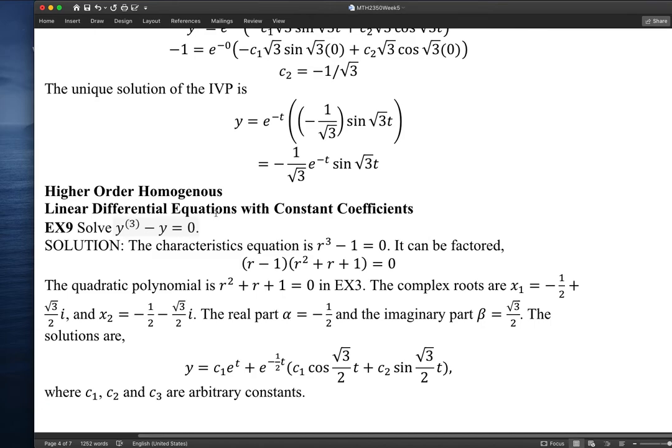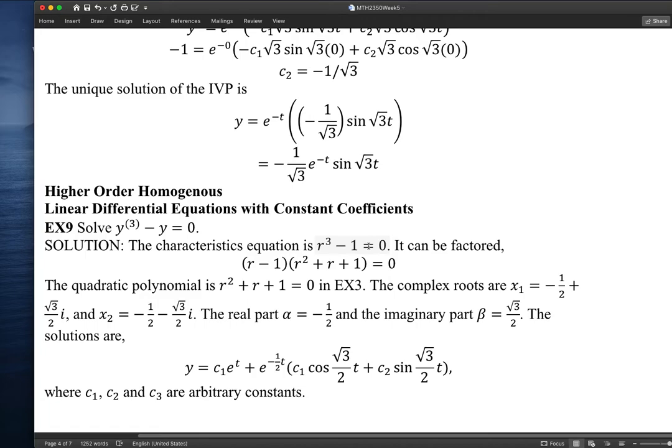So the third order matches the third degree. And then minus y tends to be minus 1. Consider minus y: it is the derivative of order 0, the original function, so it matches the constant here.